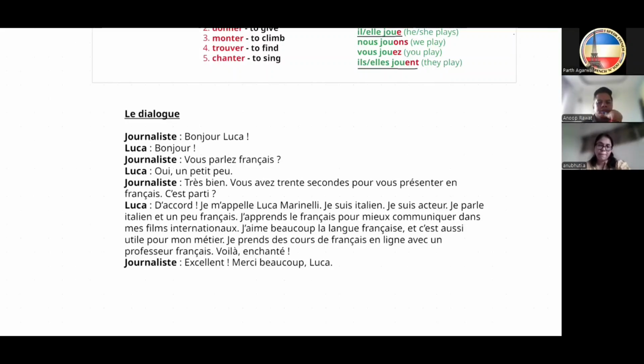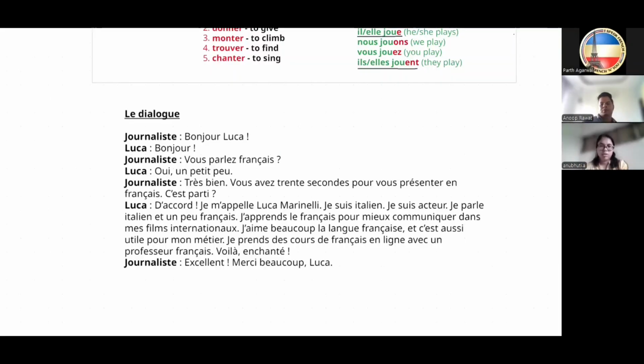Now Anubhuti, Anup, the task is for both of you. You have to write down in your notebook the verbs. Identify the verbs in this dialogue, and then write them down exactly as they are.